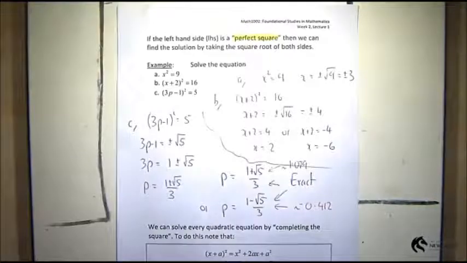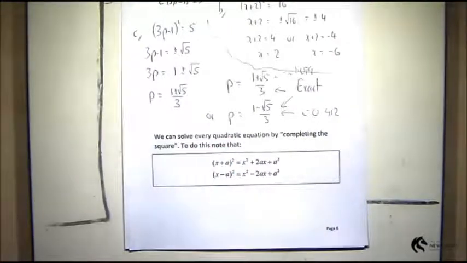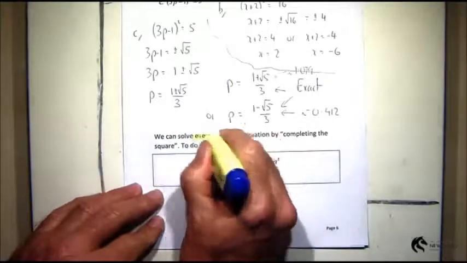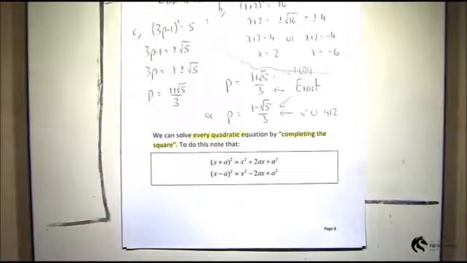And so, our method for solving quadratic equations comes down to the fact we can solve every quadratic equation by this method that we're going to call completing the square. What that means is we're going to write the left-hand side as a perfect square.